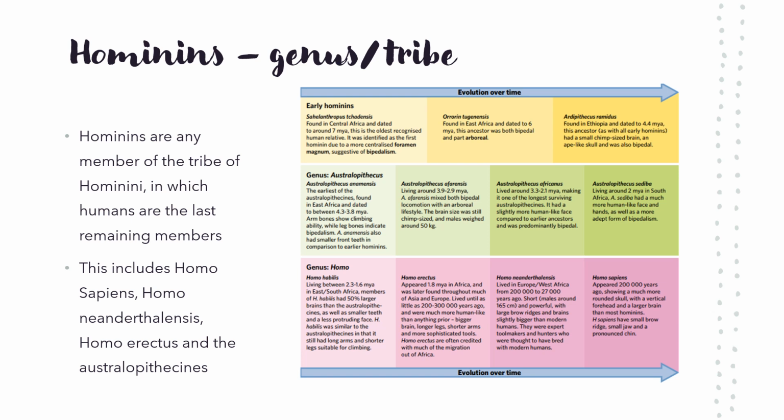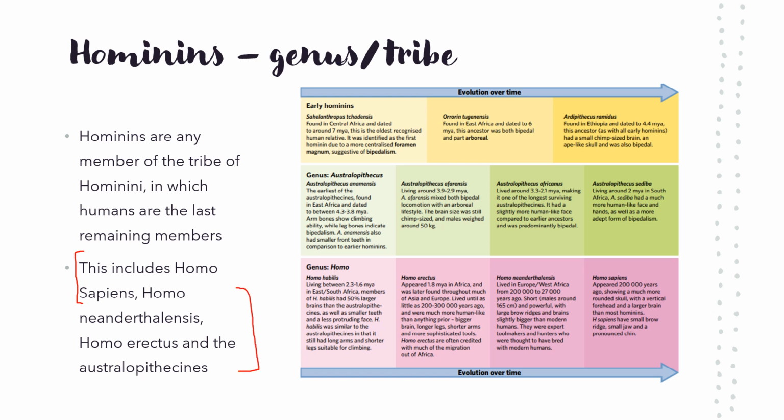So like we went through in our last video, we are hominins. So our genus is hominin, which is from the tribe hominini, and we are the last remaining members of this tribe. So we are Homo sapiens, but this tribe also included a couple of extinct species as well.